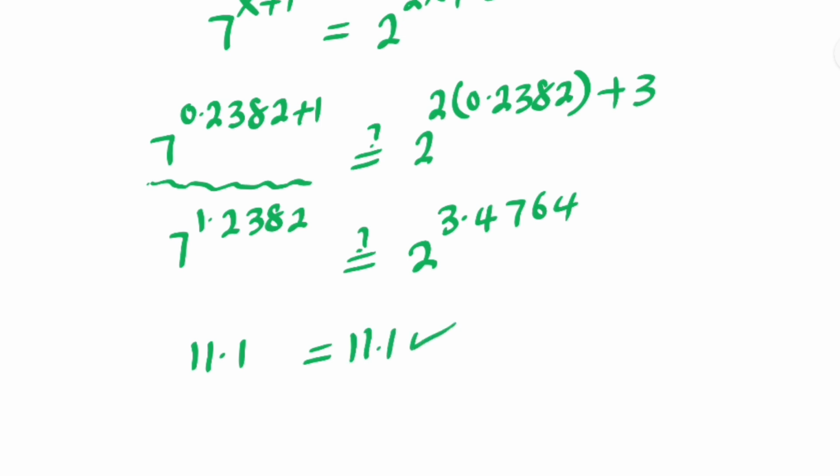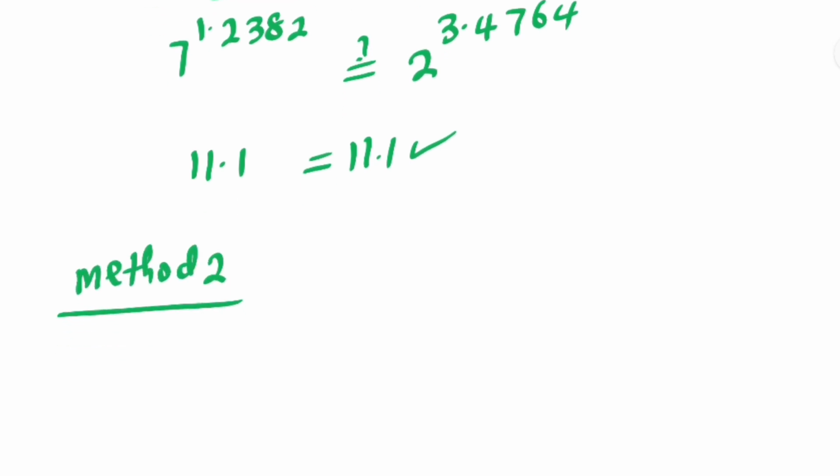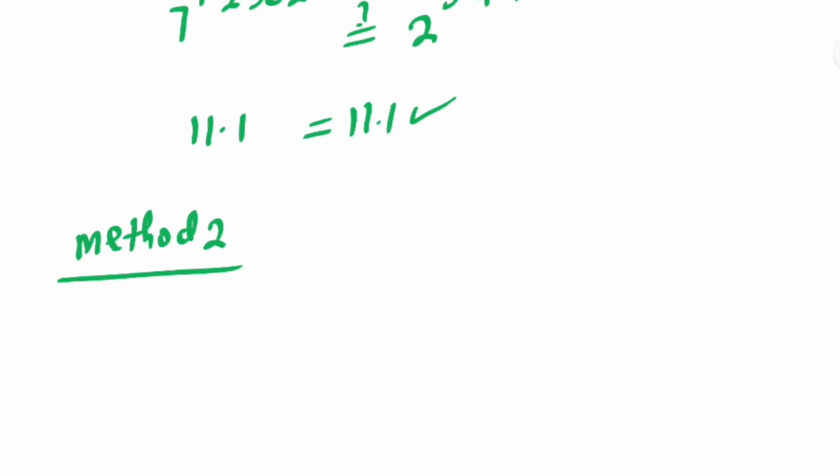Now, let us solve this problem using another method, which is the method of natural logarithm. We have the given equation, 7 raised to power x plus 1 is equal to 2 raised to power 2x plus 3.